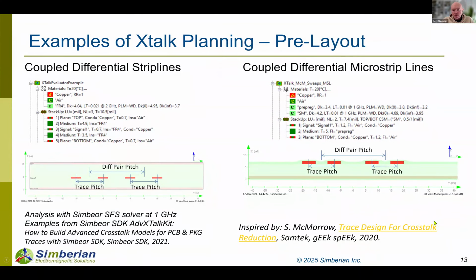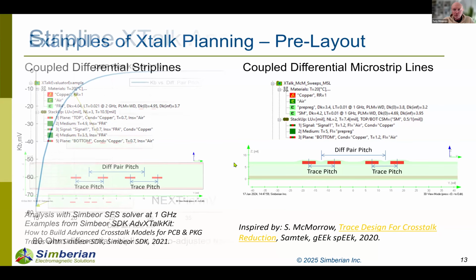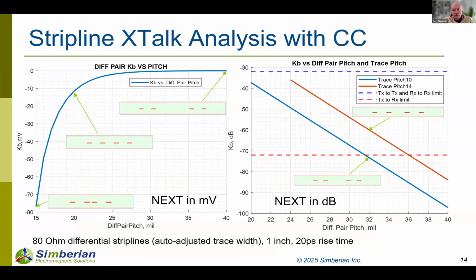It's inspired by this talk by Scott McMorrow from Samtech. So I use cross sections about the same as in that presentation. So what can you do with this? You can create solution spaces, evaluate where your crosstalk essentially satisfies your requirements.